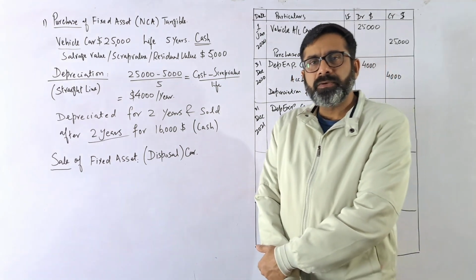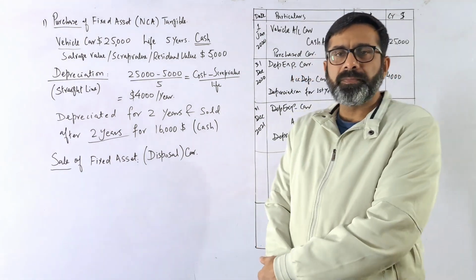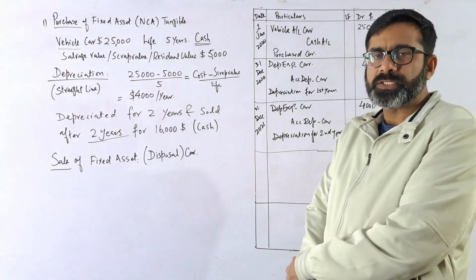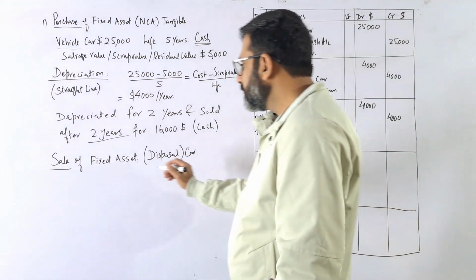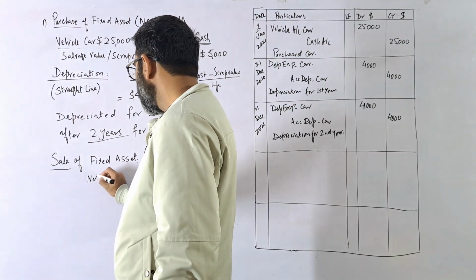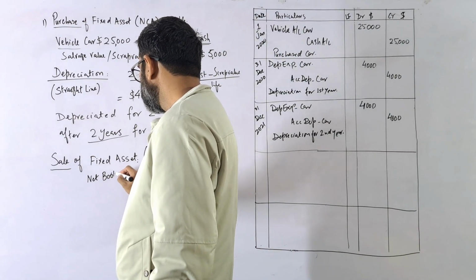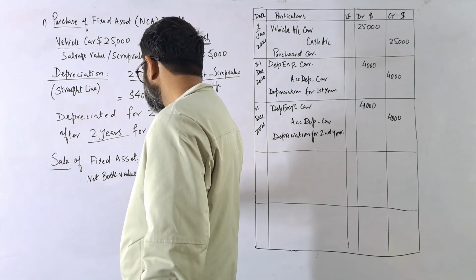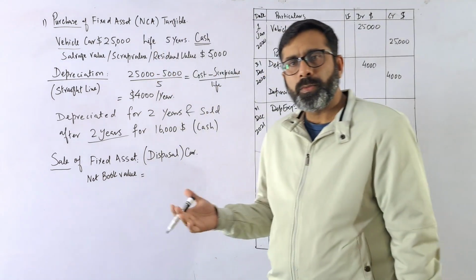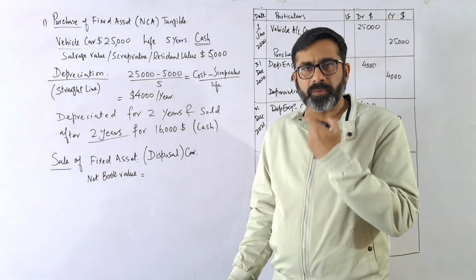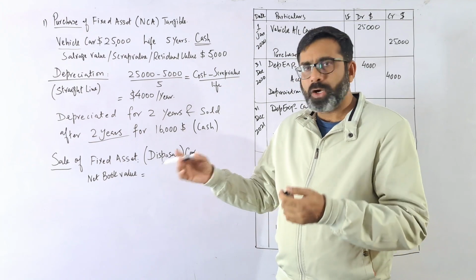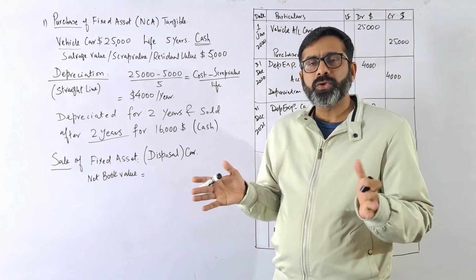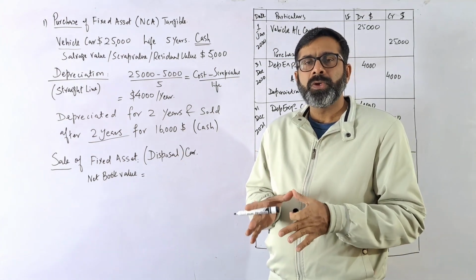So the very basic thing we have to do first of all is to consider how much is the net book value. And I hope you remember the formula for the net book value. That is the cost of the asset minus the total accumulated depreciation up to now.